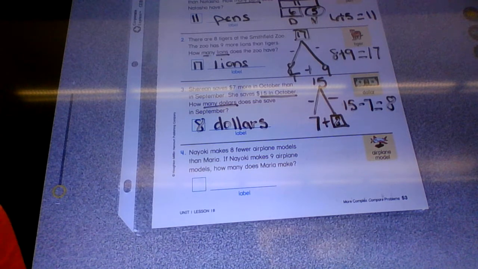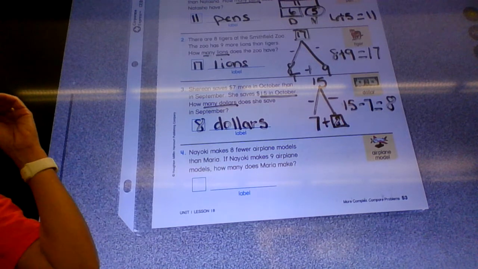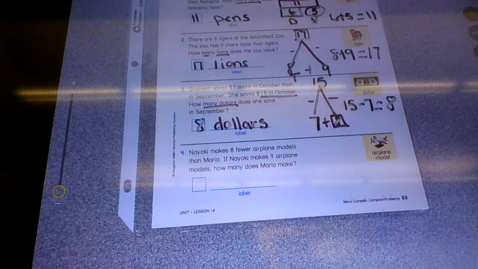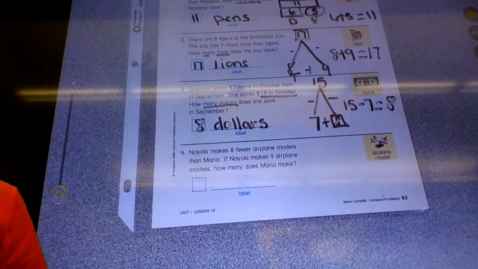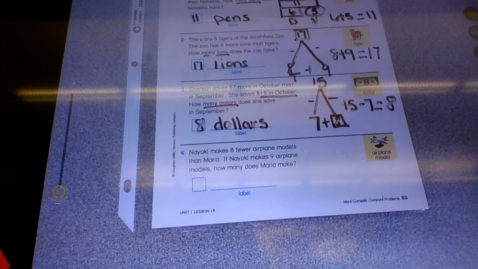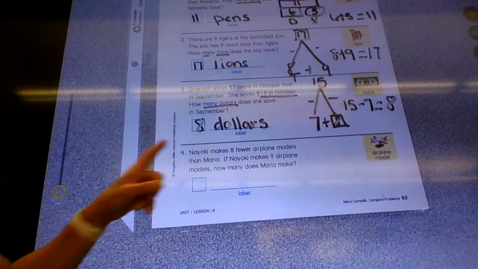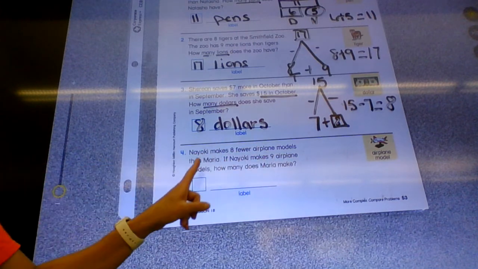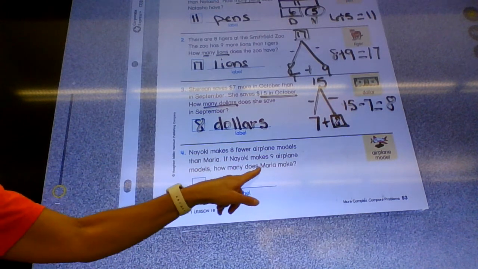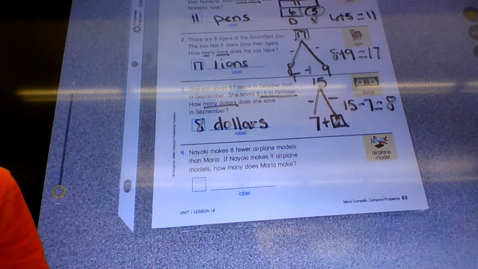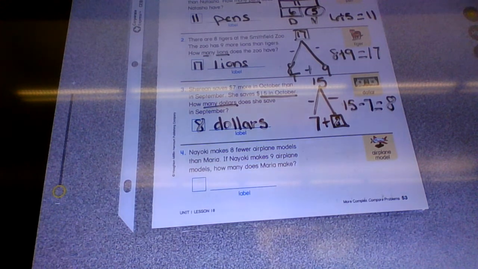If Naoki makes 9 airplane models, how many does Maria make? All right, well, if we subtracted 8 from 9, that would be 1, and that doesn't really make sense. So I think we're going to need to have 2 partners. All right, let's see how many Maria makes.